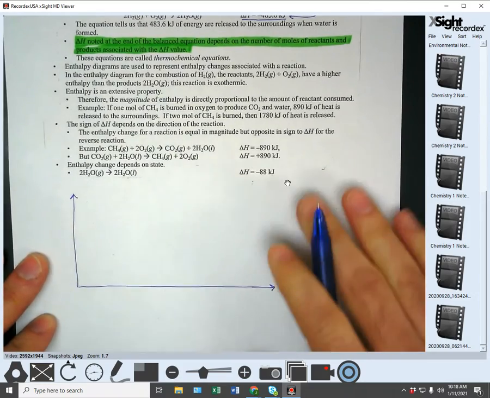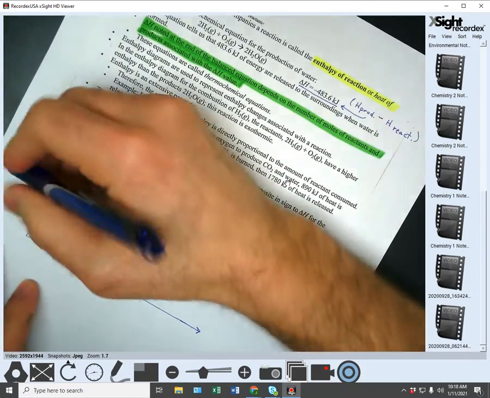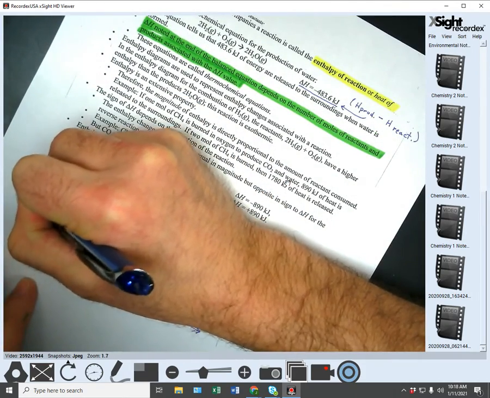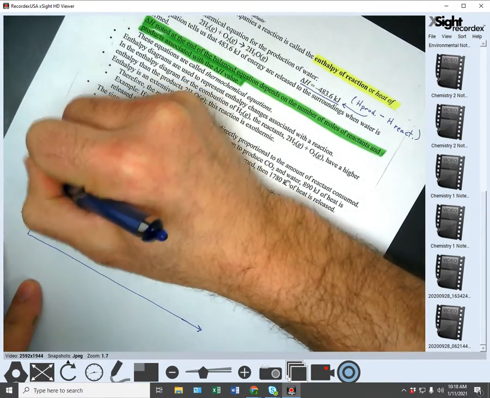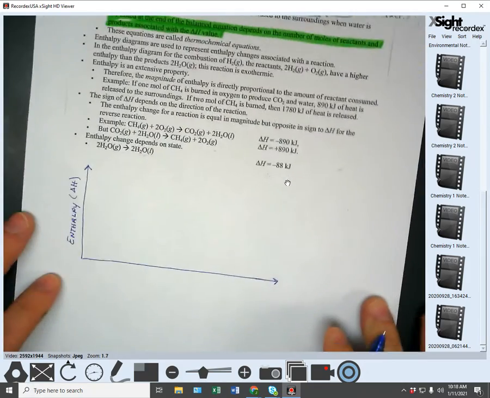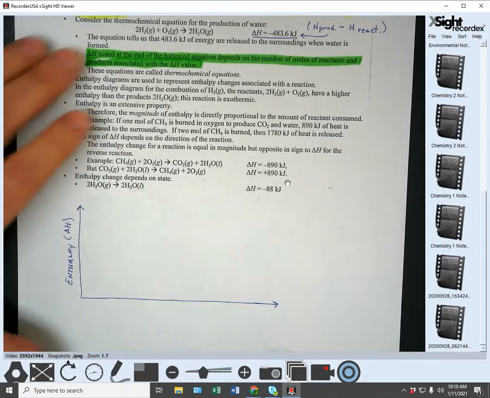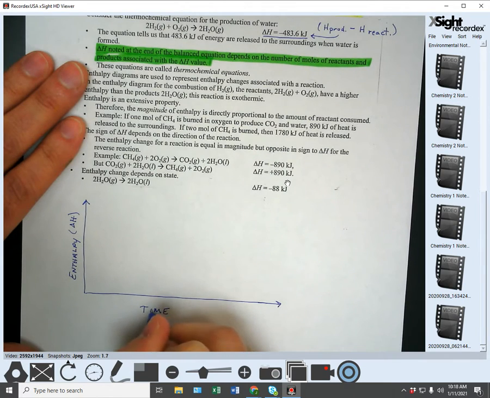On the Y axis, this is enthalpy, your delta H. And down here, this is generically time.